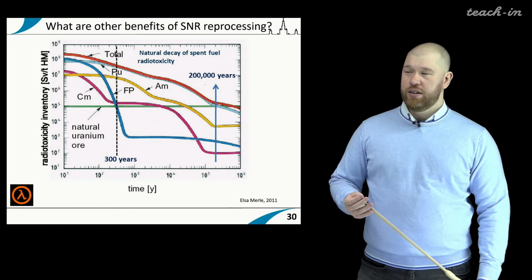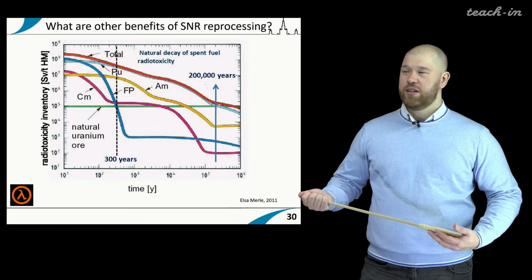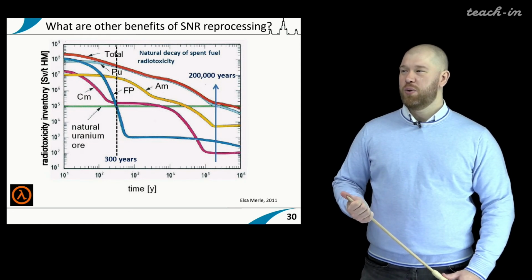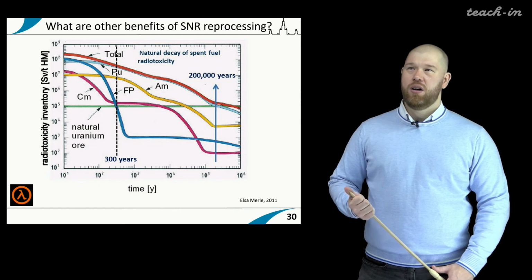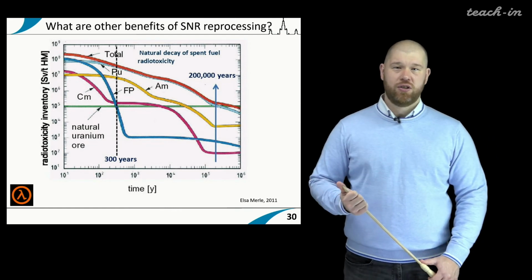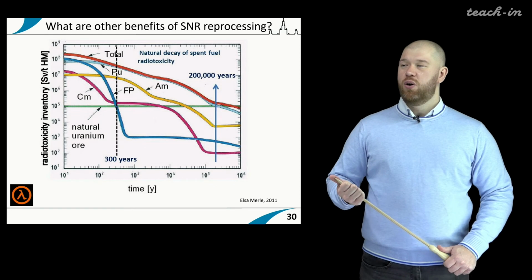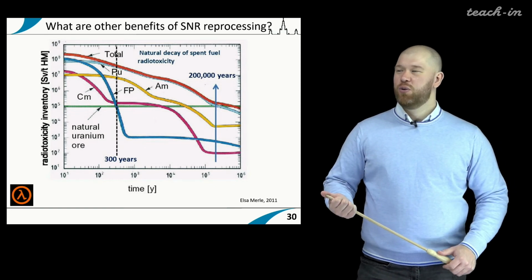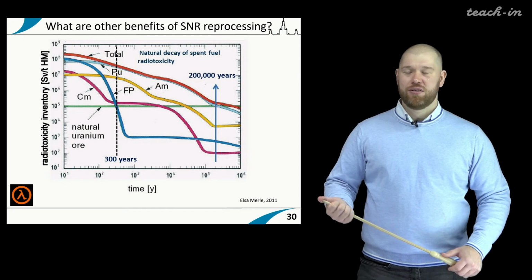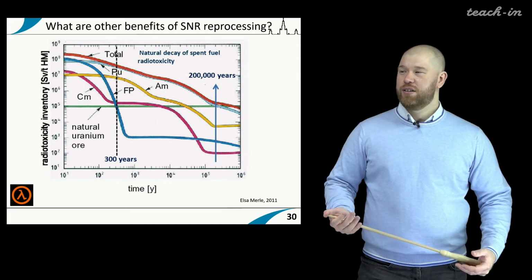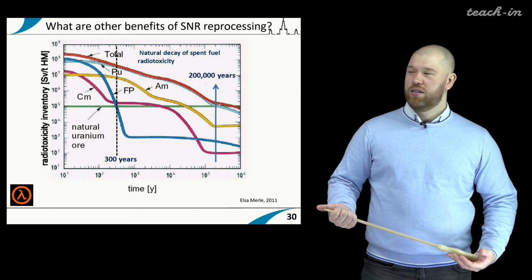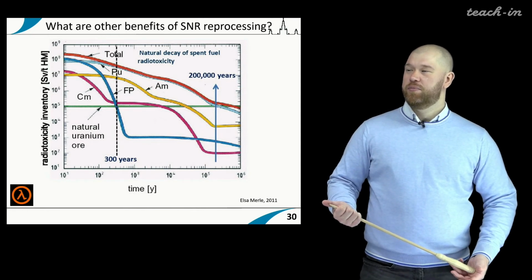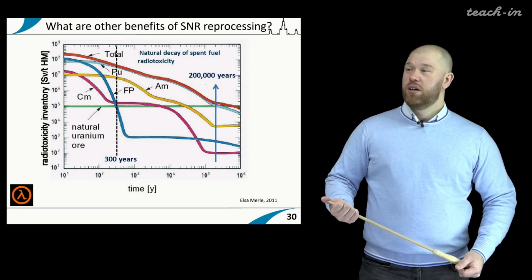And actually, it is a much easier task because we can see a lot of different constructions that are much older than 300 years. So we can look at Egyptian pyramids that are more than 3,000 years old.